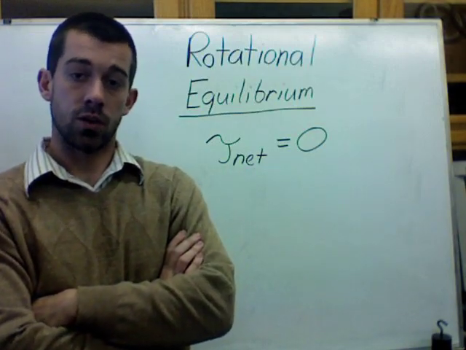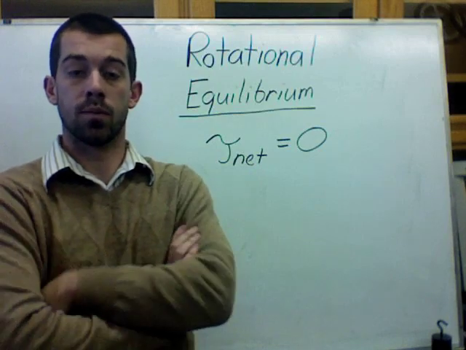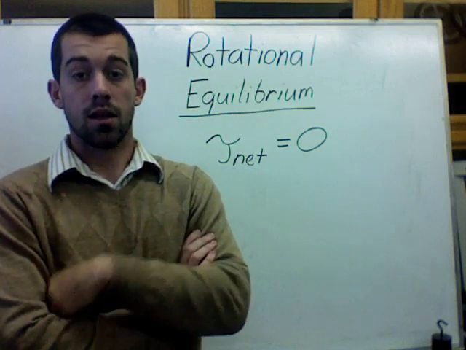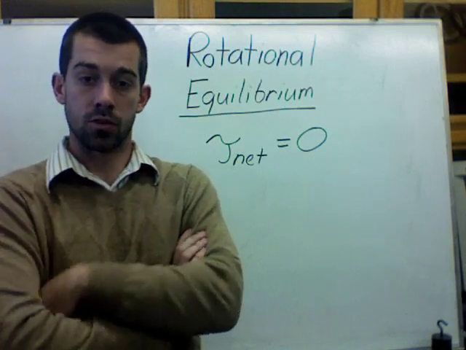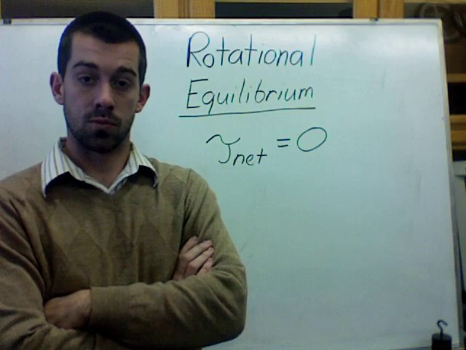In other words, in order to be in rotational equilibrium, an object has to be balanced where all of the torques are canceled by other torques. Let's try an example related to that.